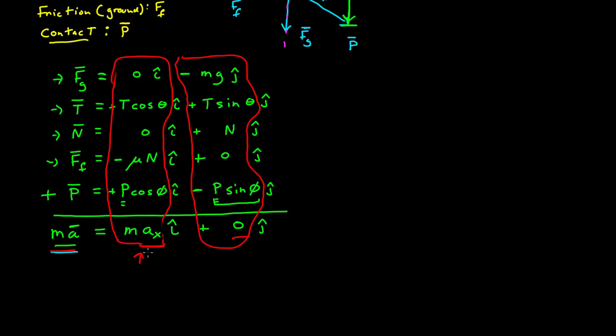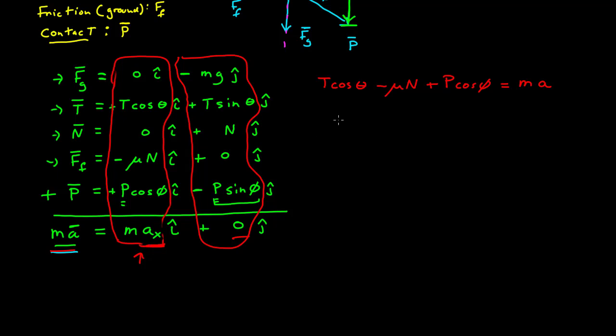So do this one first, and we have T cosine theta minus mu times the normal force plus P cosine phi is equal to the mass times the acceleration. And I'm just going to leave the entire magnitude of the acceleration because we know it's entirely along the x-axis.